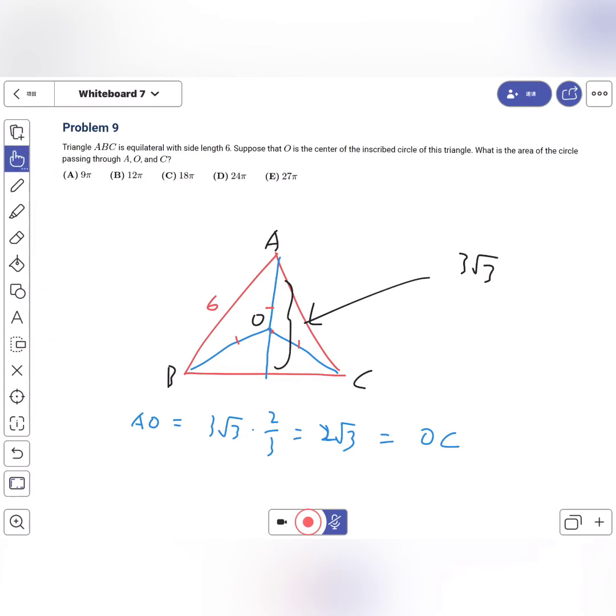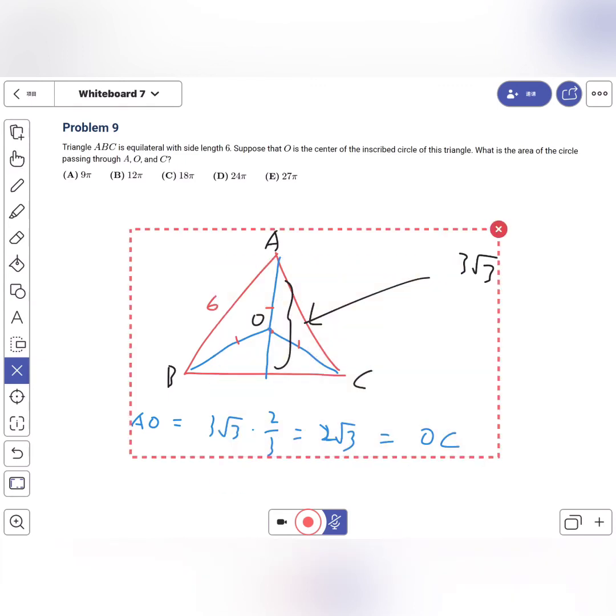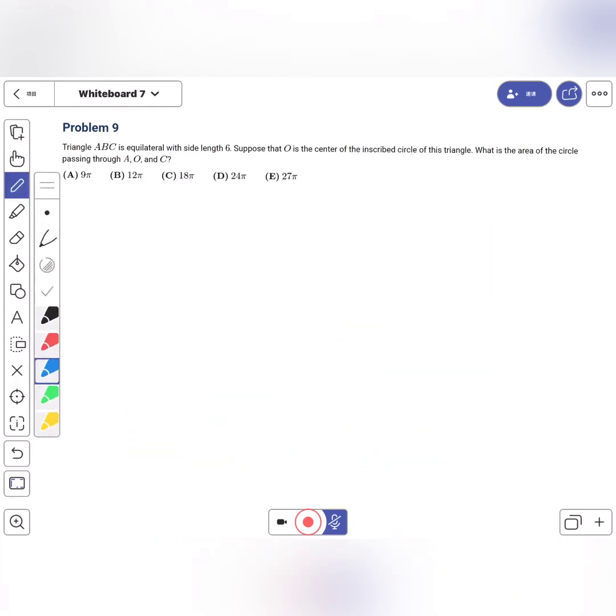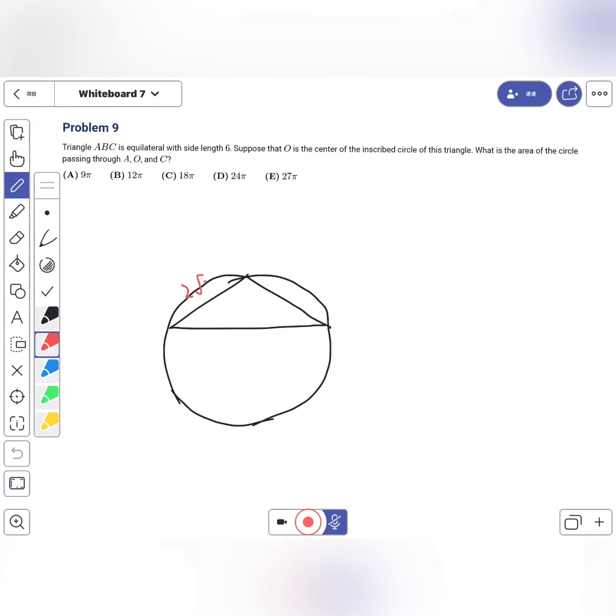So now we're going to find the area of the circle passing through A, O, and C. Then we're basically asked to find the area of the circumcircle of triangle AOC, whose sides are 2√3, 2√3, and 6.